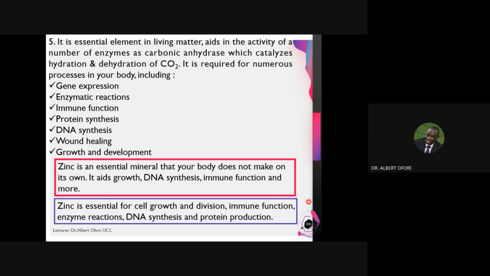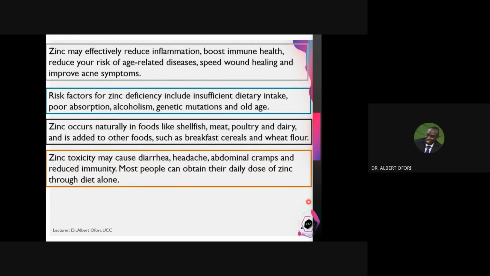However, the excessive intake of zinc can cause diarrhea, headache, and abdominal pain, but that is not as poisonous as it can be. But it can threaten life when there's an overdose of zinc.